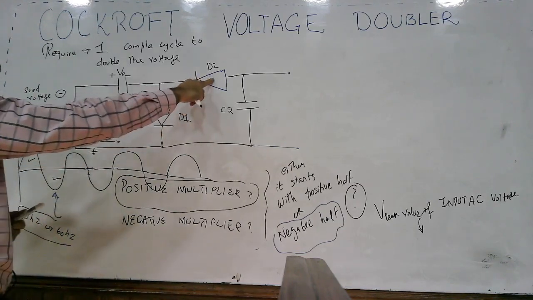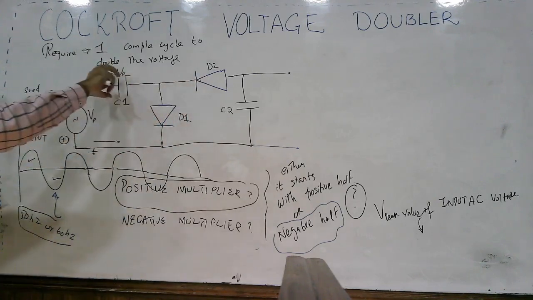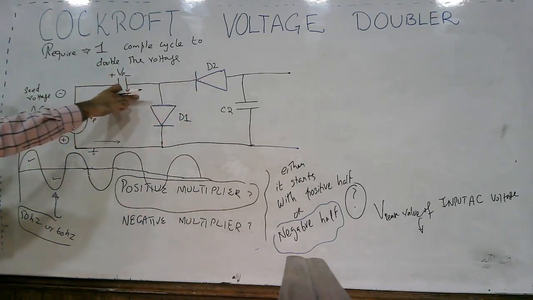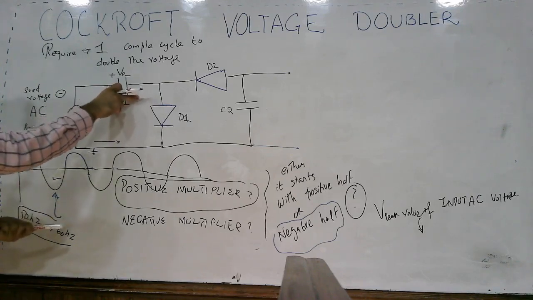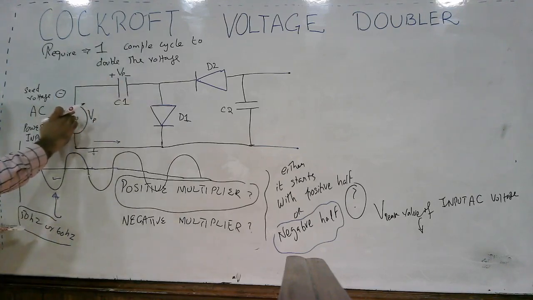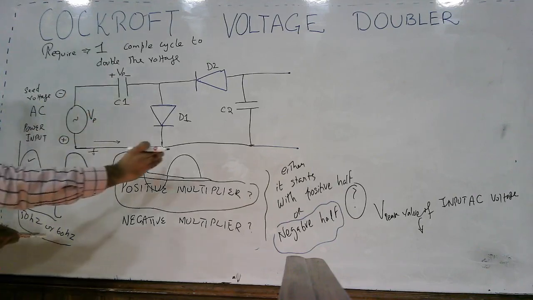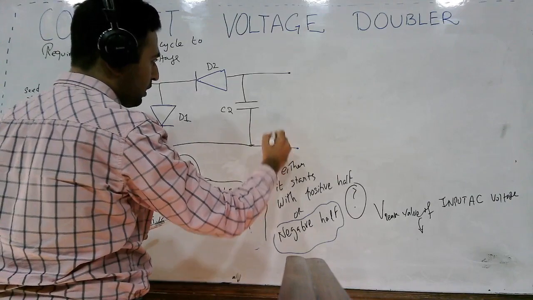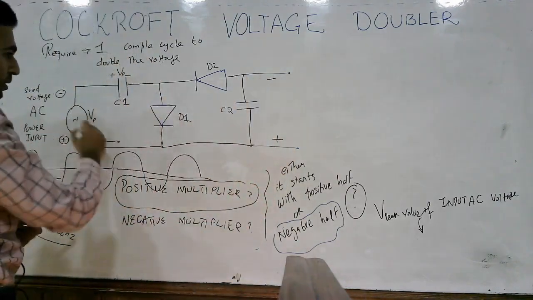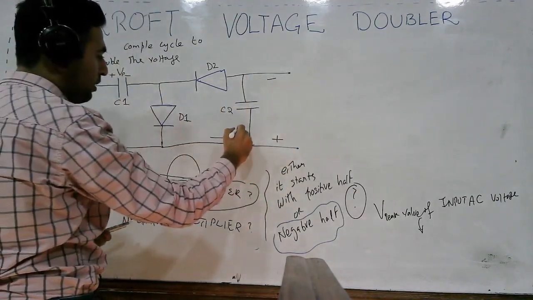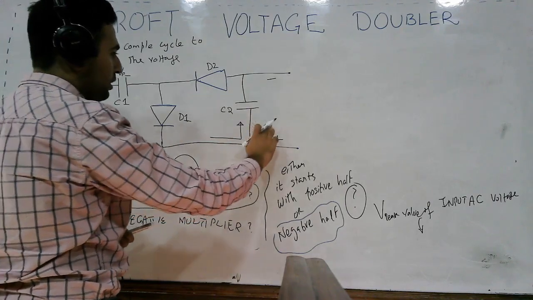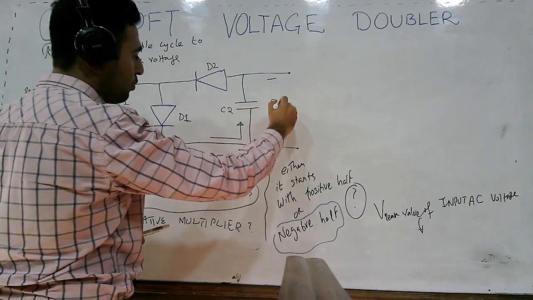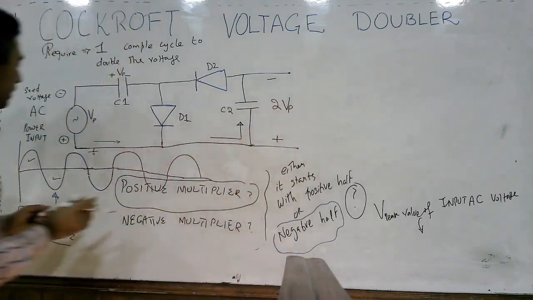Since D2 is forward biased, this voltage Vp will be added up. The voltage stored in the capacitor will be added up with the source voltage, and both of them will make a voltage here in this direction, because they will add up and the current will flow in this direction, and the voltage here will be plus minus 2 Vp, twice the peak voltage.